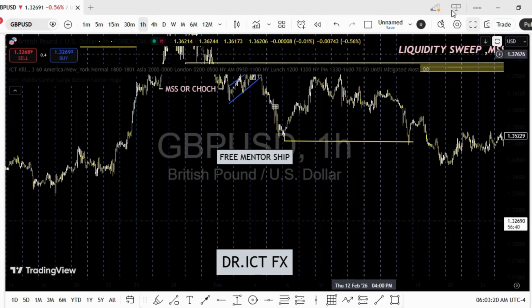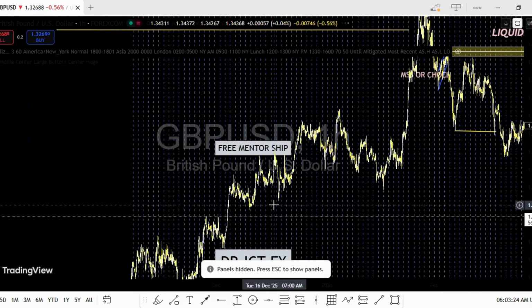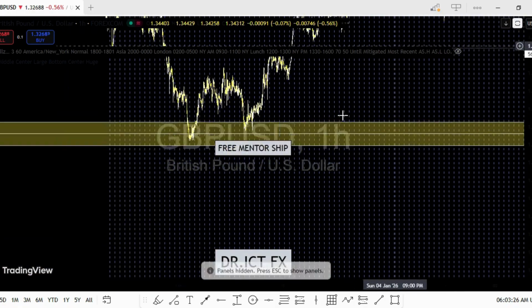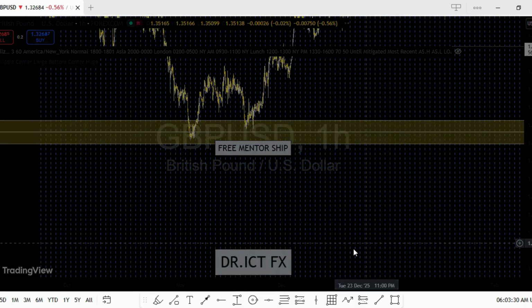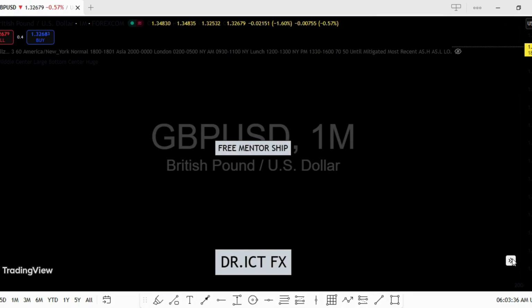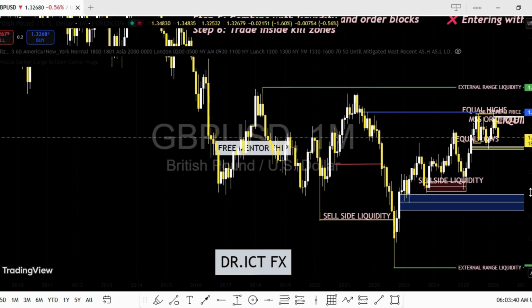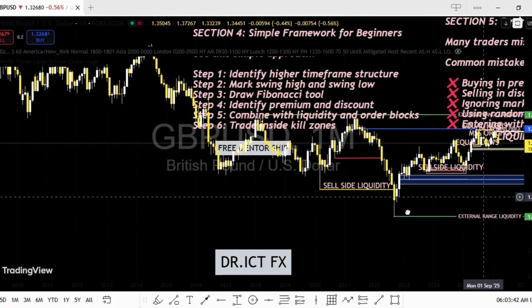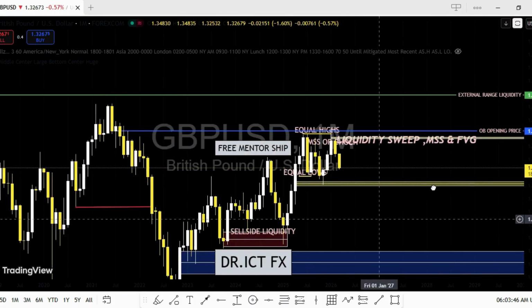So after knowing that we are in a deep discount, price was able to create a fair value gap on the monthly. Let me try to remove the annotations. So this fair value gap, remember we're in the deep discount, and after being in the deep discount, price gives us a specific PDRA, increasing our point of interest, or increasing our confluence towards the buy setup.